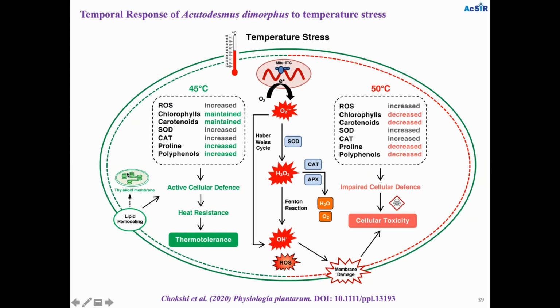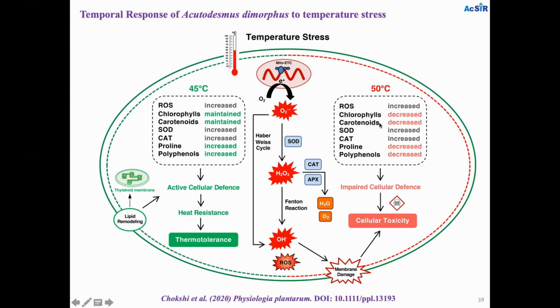So this might lead to adaptation of the cells by remodeling of the membrane lipids. So we concluded that at 45 degrees centigrade, the defense response of the cells is active. That is what gives it the ability to resist the heat, and maybe that is why it is showing thermotolerance.